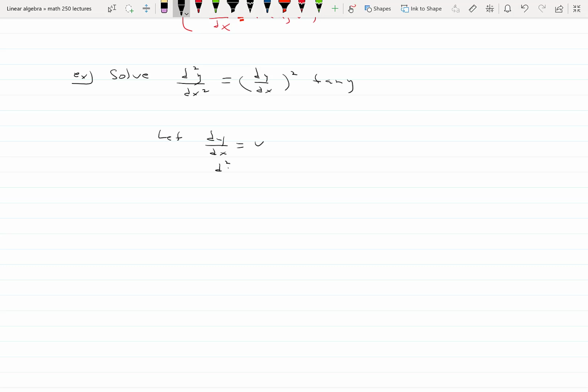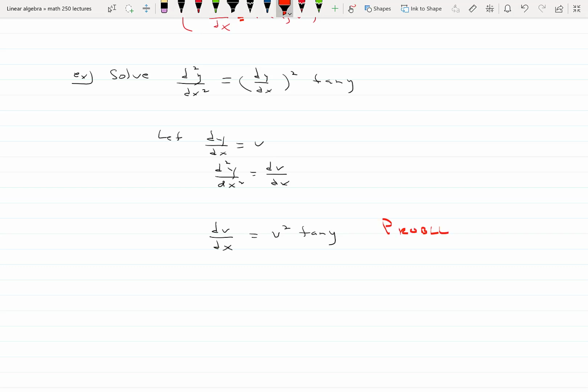That means d squared y over dx squared equals dv dx. Okay, making the substitution, that gives us dv dx equals, and v was dy dx or y prime, so this is v squared tangent y. And that's a problem.